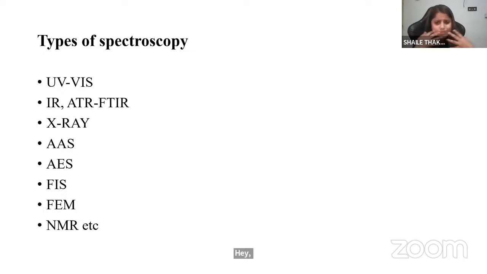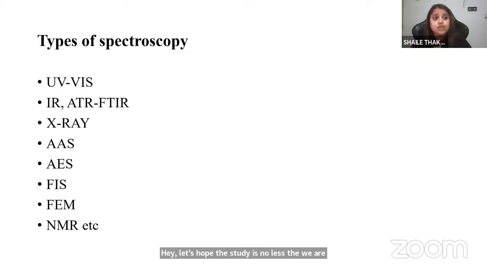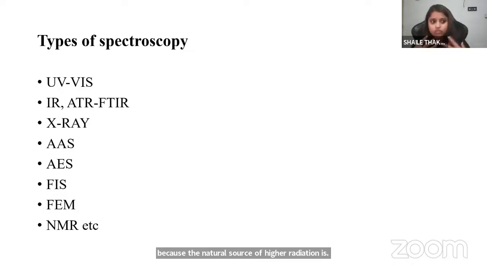The study is known as IR spectroscopy, and it is a very powerful technique, I can say, because it utilizes the natural sources of IR radiation, because the natural source of IR radiation is the sun.